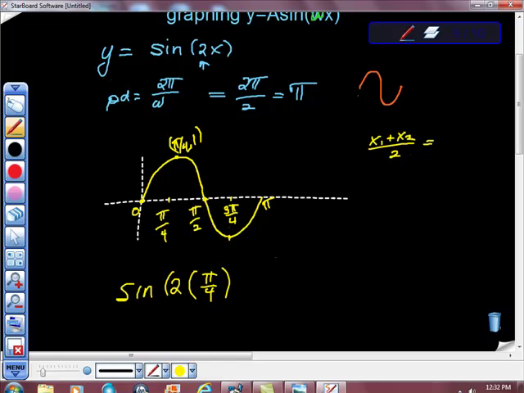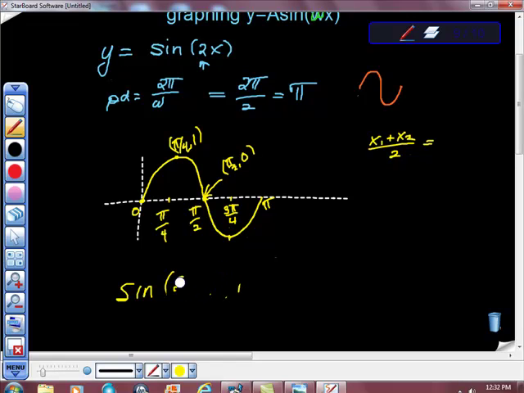Here I want sine of 2 times pi halves, right? I have this accelerator here that's making this graph more quickly. These things cancel out, don't they? So what is sine of pi? Sine of pi is 0, so this is pi halves, 0.